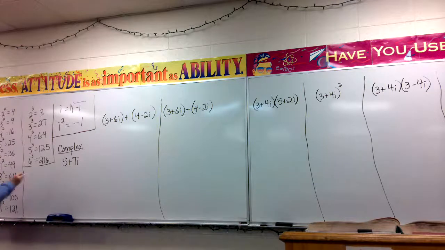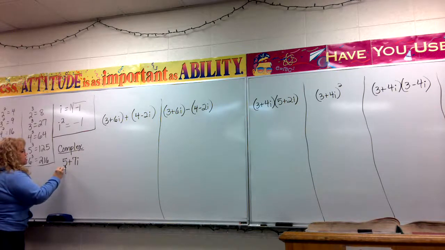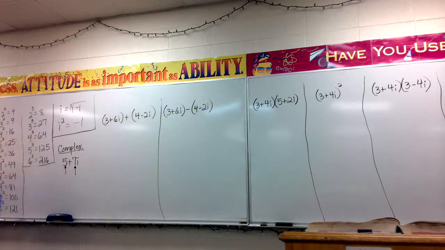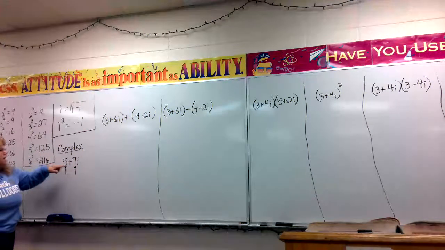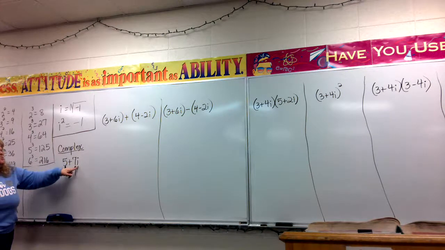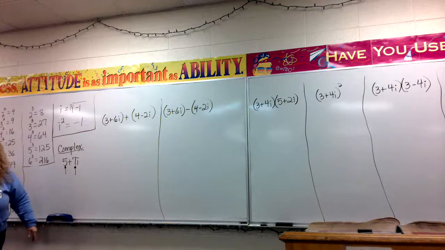It's a value that has a real number part, and then it has an imaginary part. If you put those two together, we call it a complex number. A complex number has a real portion and it has an imaginary portion. So what we're going to do today is add, subtract, multiply, divide complex numbers. And in most cases, you would treat this i as if it were any other variable, like an x or a y.